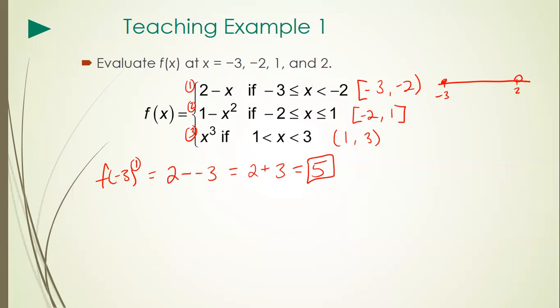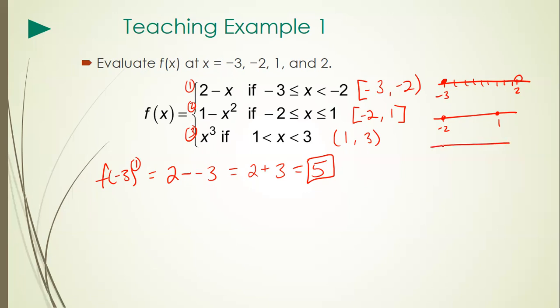As long as the number is -3 or any number in between, I use expression 1. Is -3 on this number line? So therefore I'm using expression 1. The numbers on this number line are from -2 to 1. Does -3 fall on this number line? No, so I can't use expression 2.